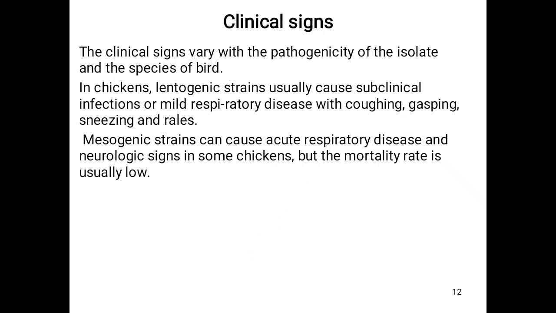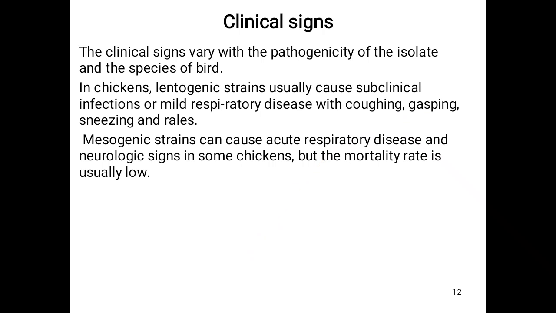So what are the clinical signs? The clinical signs vary with the pathogenicity of the isolate and the species of bird. In chicken, lentogenic strains usually cause subclinical infection or mild respiratory disease with coughing, gasping, sneezing, and rales.